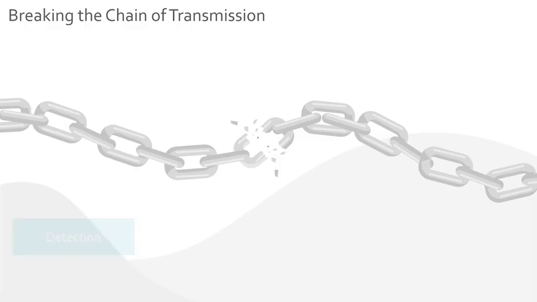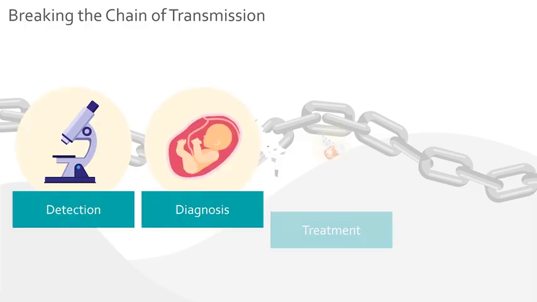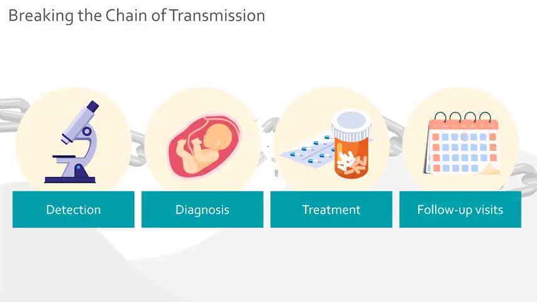Accurate STI detection and diagnosis, appropriate treatment, and follow-up visits help to prevent complications, break the chain of transmission, and slow the development of antimicrobial resistance. By applying these principles and practices in your daily work, you can do your part in controlling STIs, supporting healthy pregnancies, and ensuring that available antibiotics remain effective.